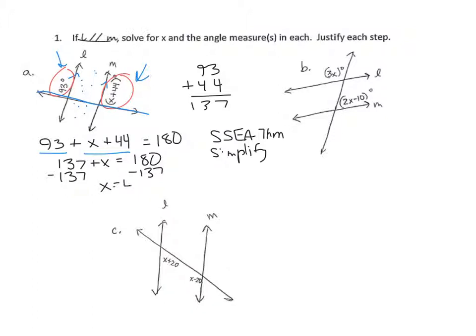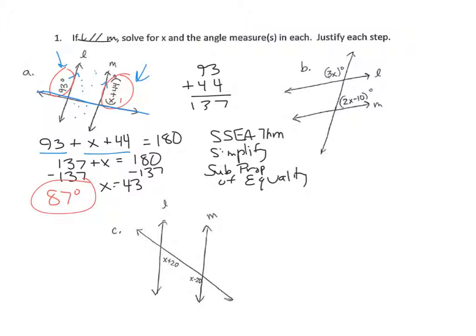So x equals 43. So this is the subtraction property of equality. So to finish it out, I have to find the angle measure. So this one has to be 43 plus 44, so that's 87 degrees.